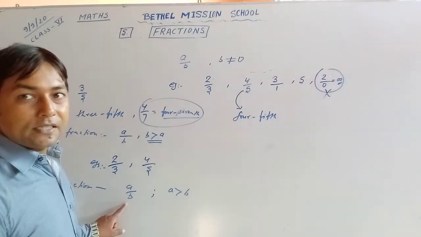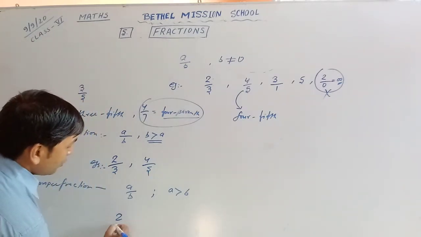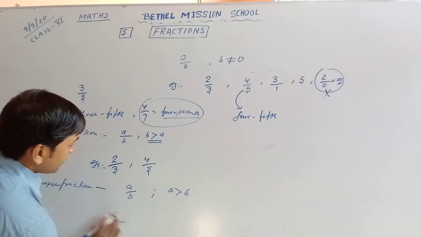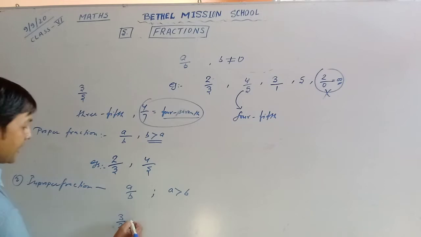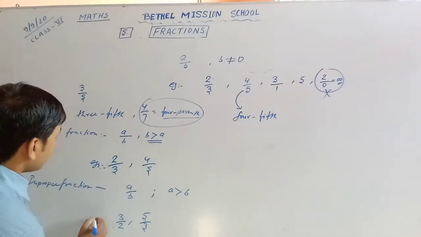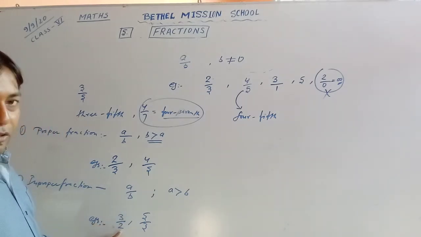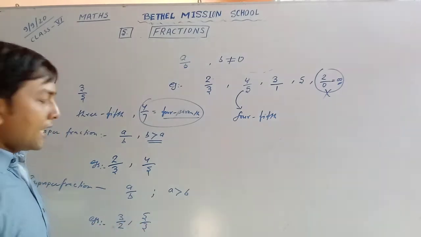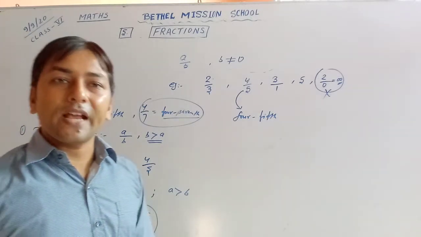It is called an improper fraction. Examples: 2 upon 1, suppose 3 upon 2, 5 upon 3. Here in the examples, the numerator is greater than the denominator. That's why these are called improper fractions.